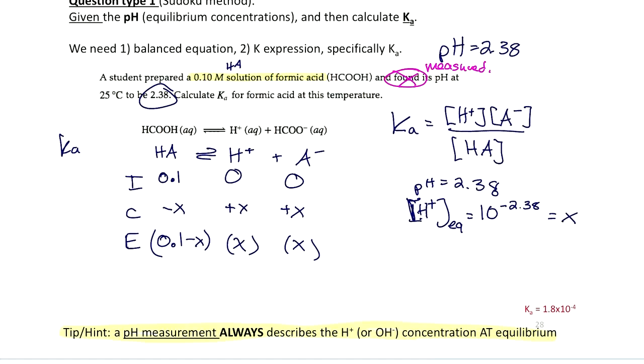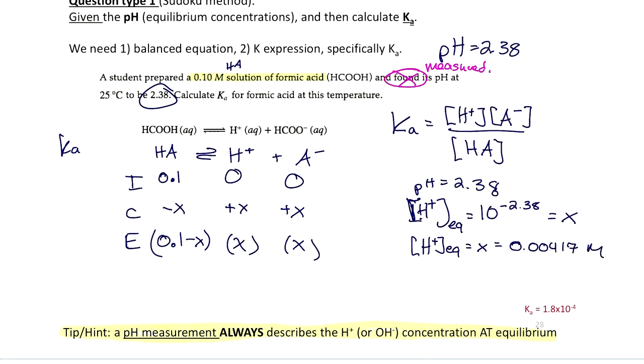So now do we have enough information to calculate K? Yes, because now we know what X is. So we put that value in. Did I actually calculate it? Nope, I didn't. Cool. 10 to the negative 2.38. So the H plus concentration at equilibrium, which is also equal to X, is 0.00417 molarity.